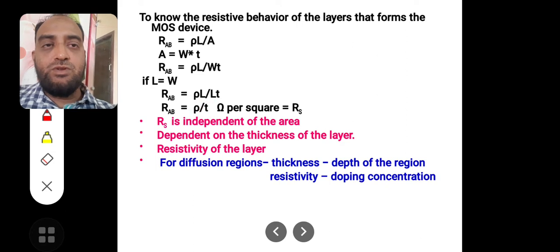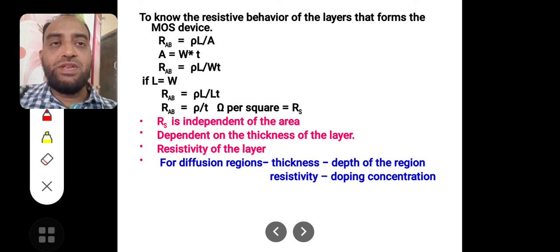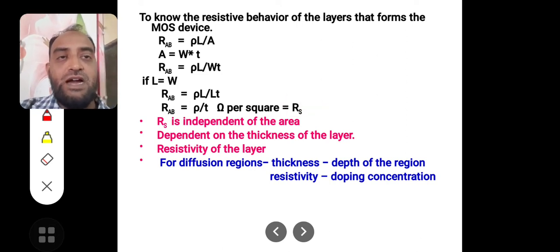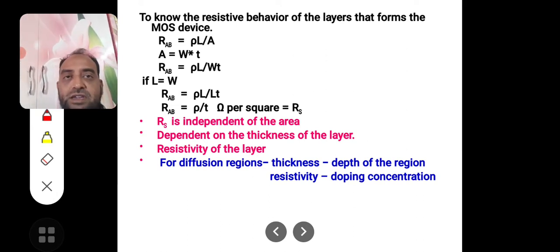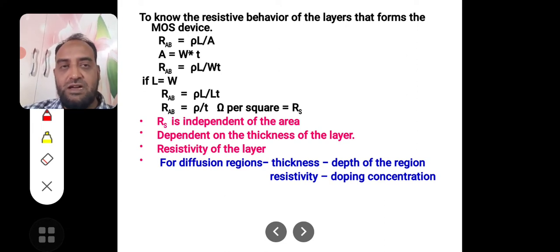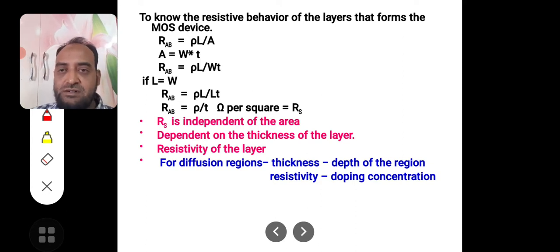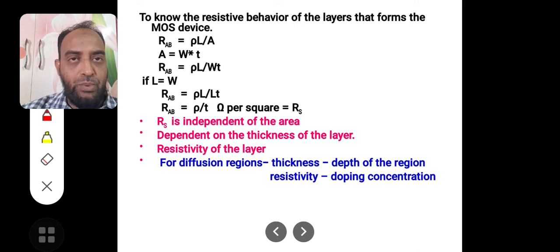So it became rho by T. That's why we mention RAB is equal to rho by T ohm per square, RS, where RS is independent of the area. That means a 1 centimeter by 1 centimeter piece offers the same resistance as a 1 meter by 1 meter sheet.